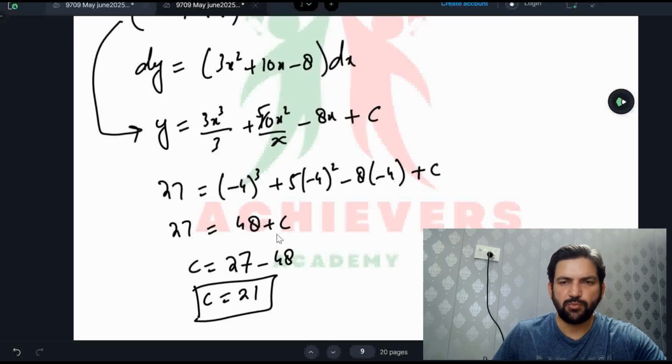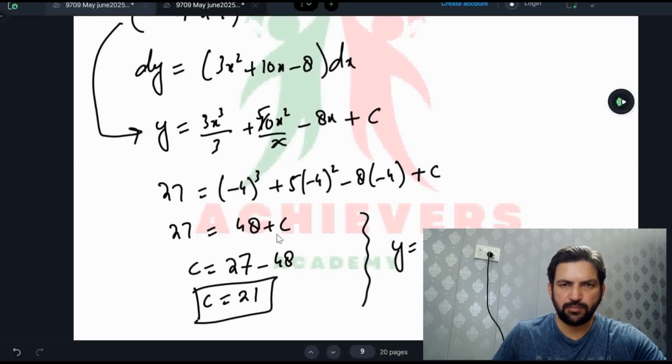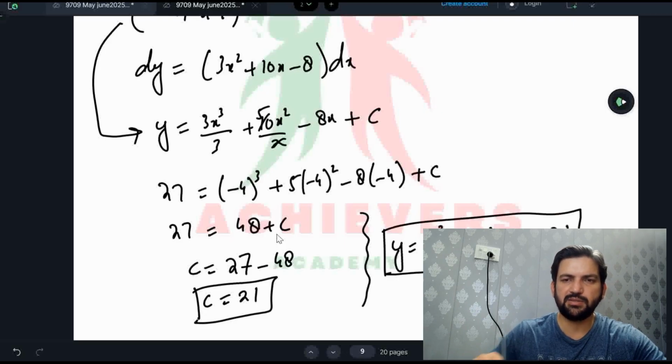So the equation of the curve will be y equals x³ plus 5x² minus 8x, not plus 21, this should be minus 21. So this will be the final answer. I hope that the concept is clear.